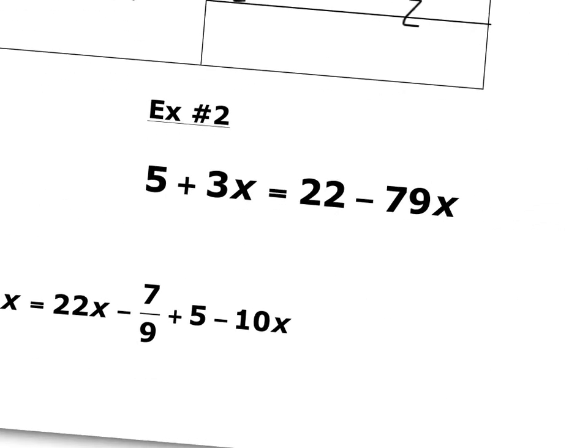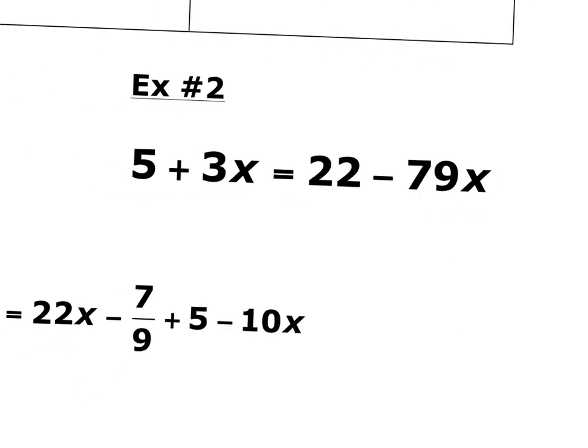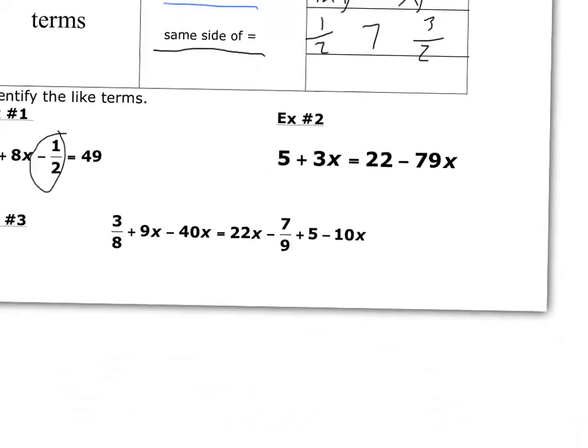If we look at the next example, we have 5 plus 3x equals 22 minus 79x. Can we add anything together? We don't have any of the same variable, any of the same exponent, or any numbers that we can add together. So there's no like terms in that one.